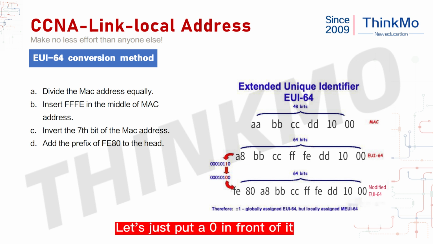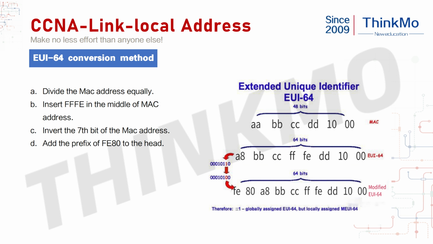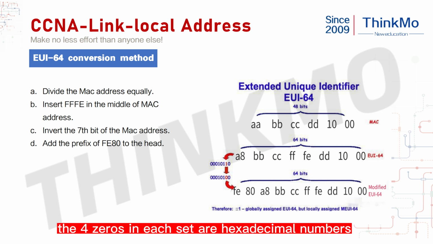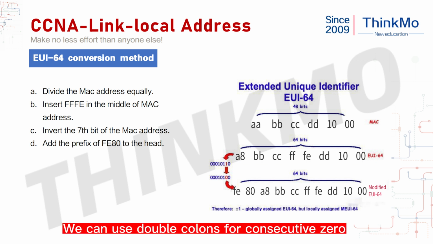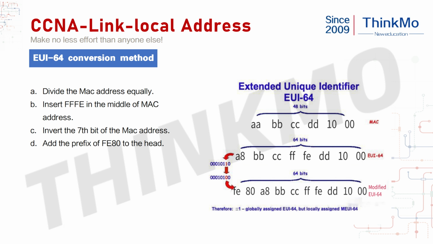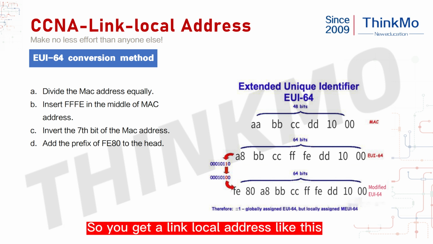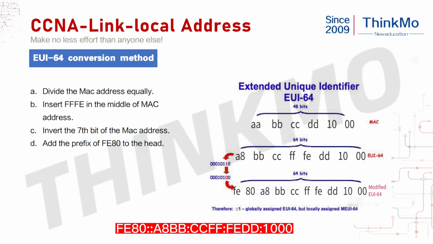Let's just put a 0 in front of it and add 4 zeros to each group. We've seen that before: we can use double colons for consecutive zeros. So you get a link local address like this: FE80::a8bb:ccff:fedd:1000.